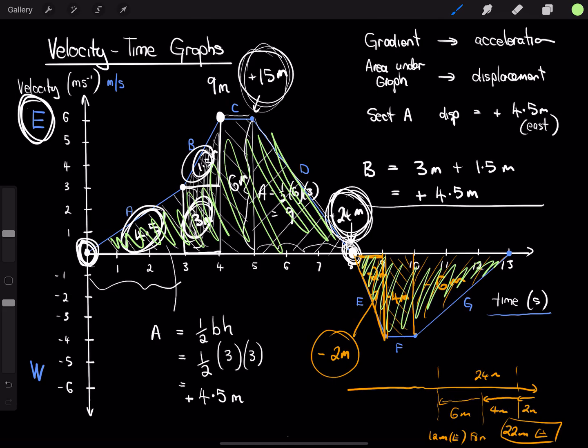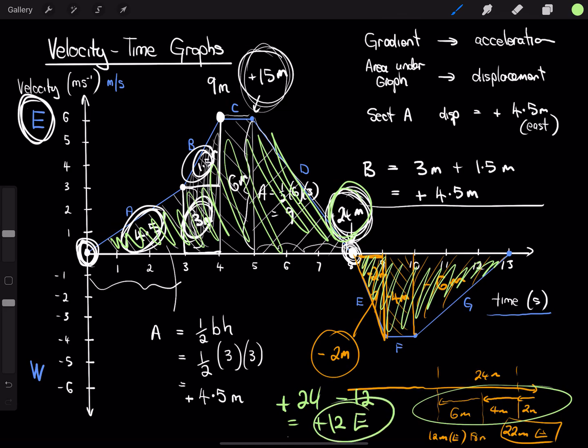So it only came back another 12 meters. So its final position was positive 24, then take away 12, which equals positive 12. So its final position is 12 meters east of its starting position, or positive 12 meters.